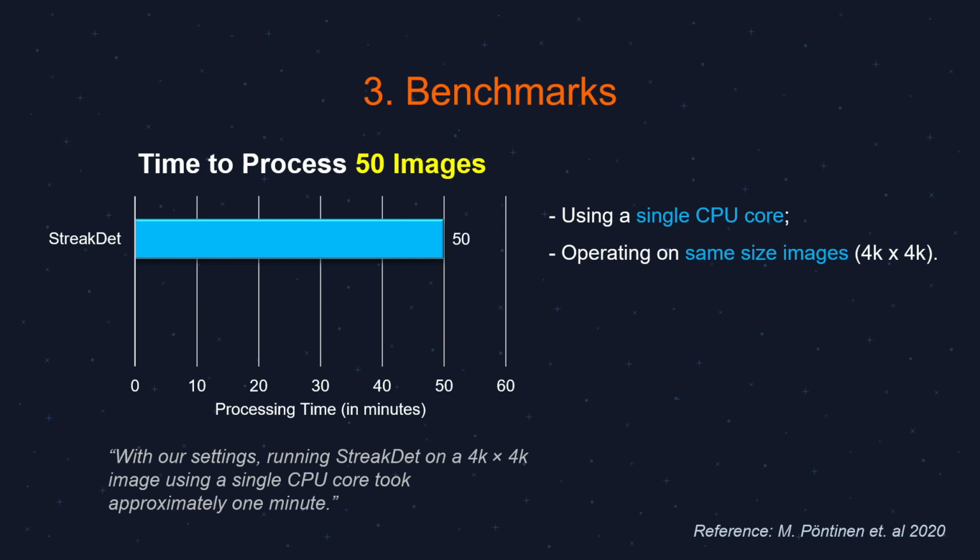But as you see here, if you were to have 50 images, then the processing time would take 50 minutes. Now, by comparison, the F.A.S.T algorithm is able to operate on those same 50 images, the same size images, with a single CPU core in under 1 minute, 0.87 minutes by comparison. So that's a very nice improvement in efficiency.